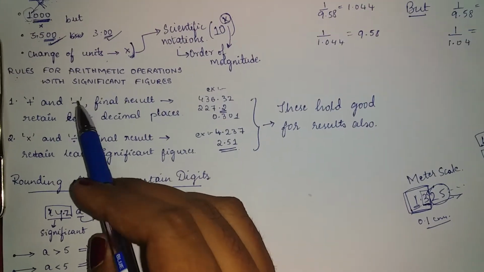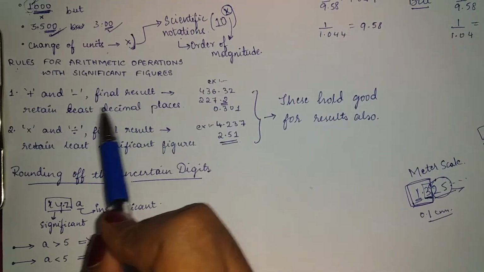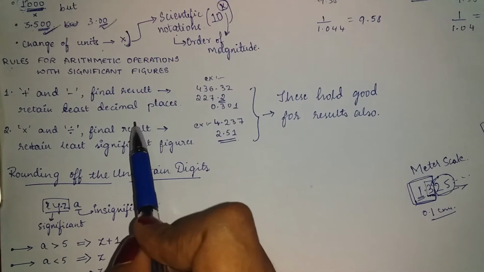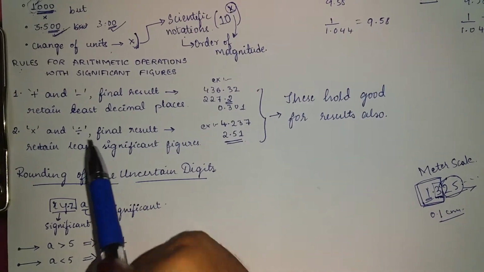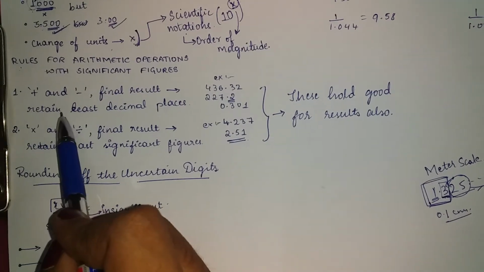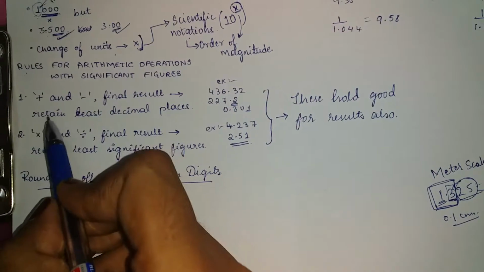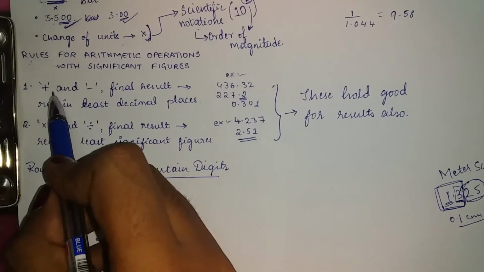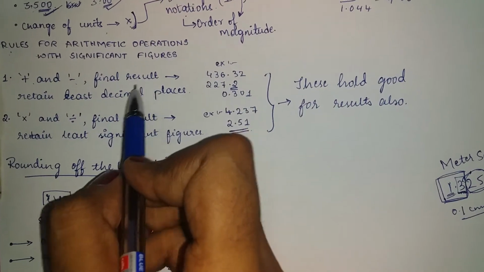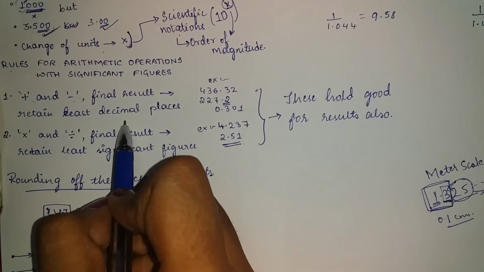In addition or subtraction, the final result should retain as many decimal places as are there in the number with the least decimal places. If you see here, I have written it in short form. Whatever I read now was the NCERT statement. This is an easy way to write it down. In addition and subtraction operations, the final result you get should retain the least decimal places.